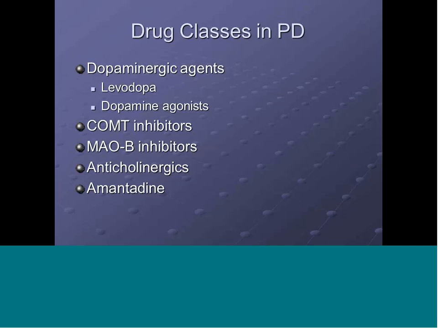So we try to delay the use of more potent dopaminergic agents, the most potent being levodopa. They actually have the best symptom relief. However, the risk is the motor complications that Parkinson's disease patients later develop with the dopaminergic agents, such as dyskinesia and fluctuation. So that's why we try to delay their use as much as possible.